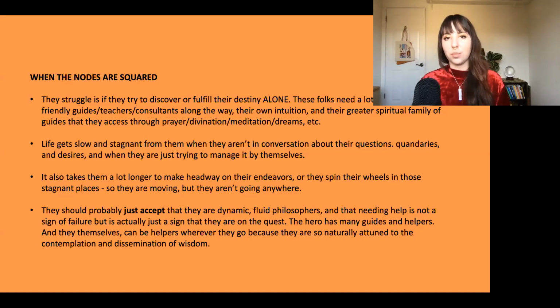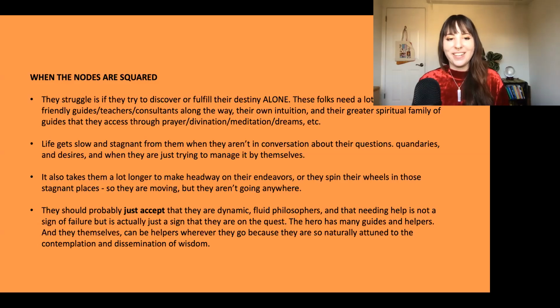Jason Hawley says that Mercury, its one agenda as a planet, is to keep the story going. And so when we disseminate information or we receive information, we're taking part of this fluidity in life. And so not having dialogues, not being open to information can stall the story, basically.